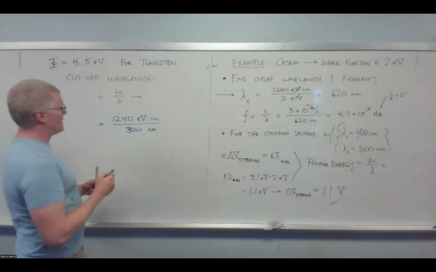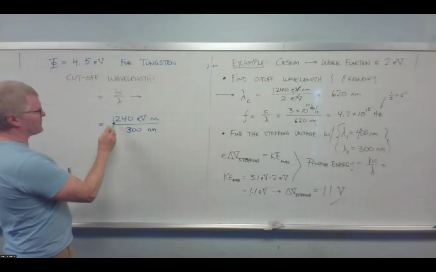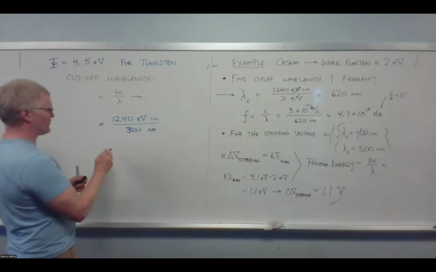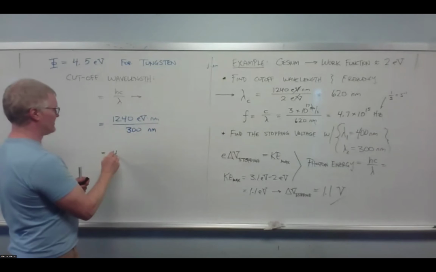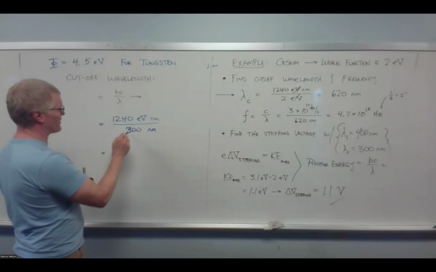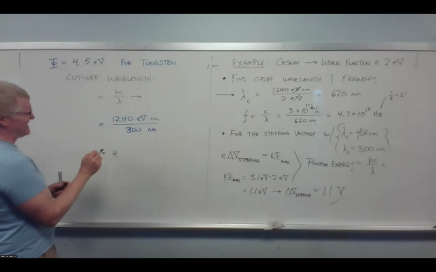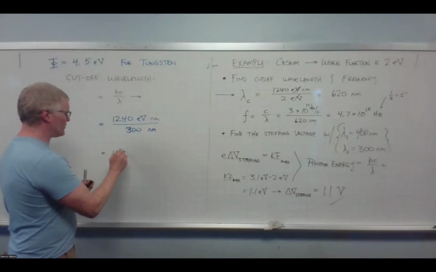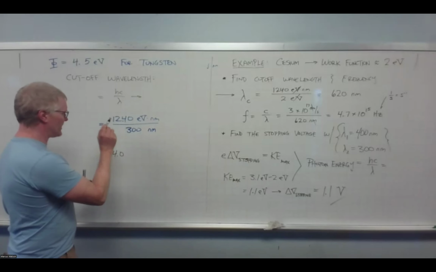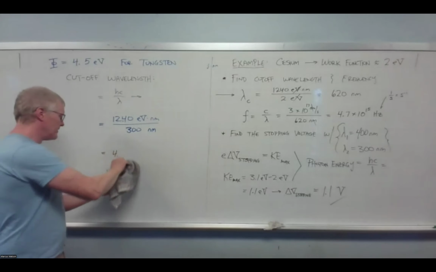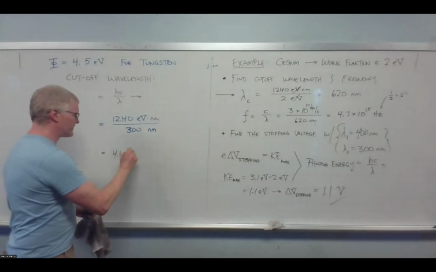What's this going to give me? 12.4 divided by 3 is 4 and a third, which is 1.33, so this is 4.133. All right, it's 4.1 EVs.